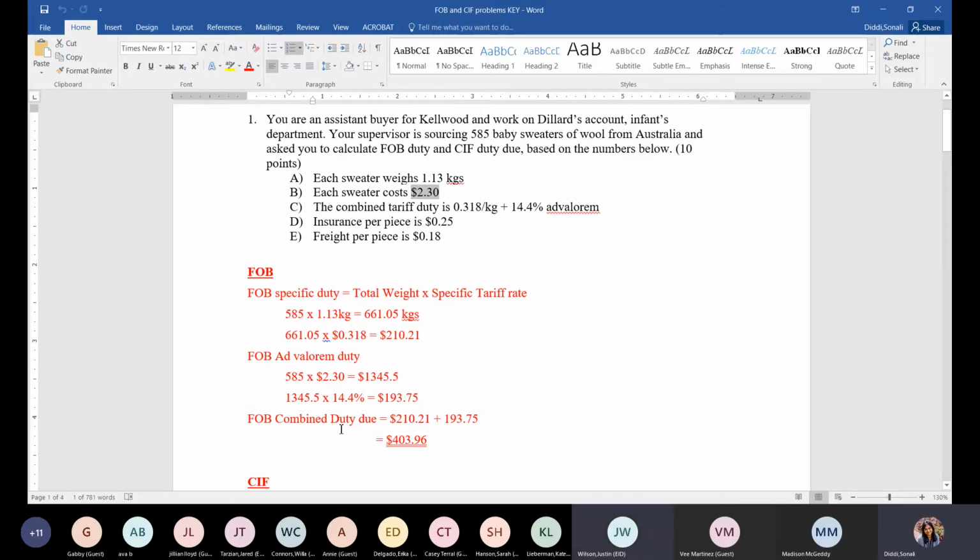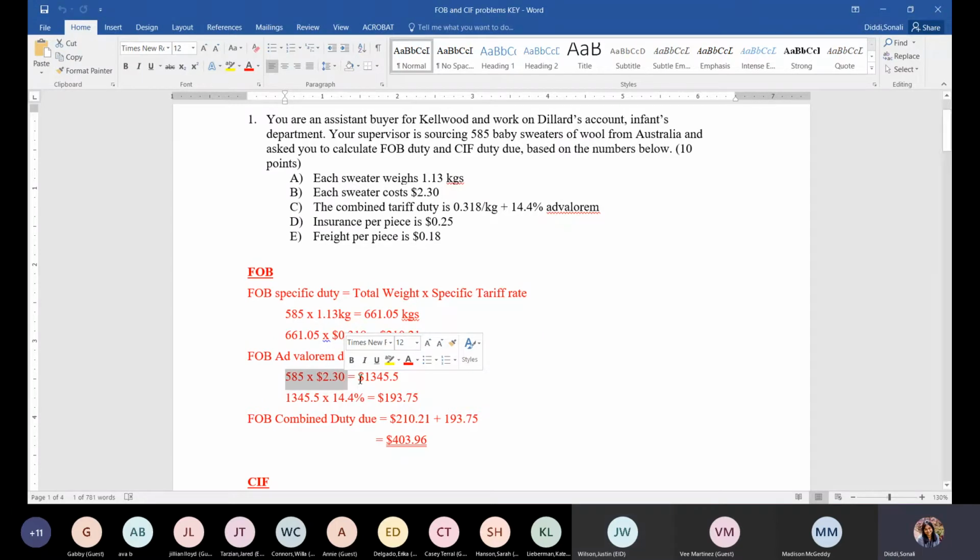This 585 sweaters at 2.30 is what your corresponding step in your textbook would be, 340 into 1250 on page number 135. Does that make sense?